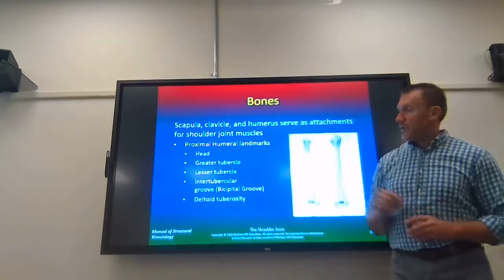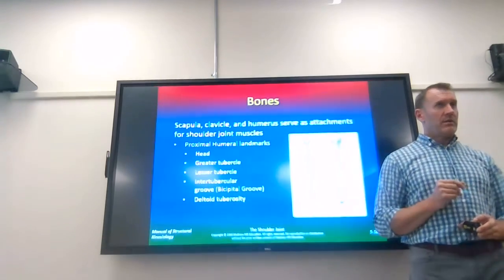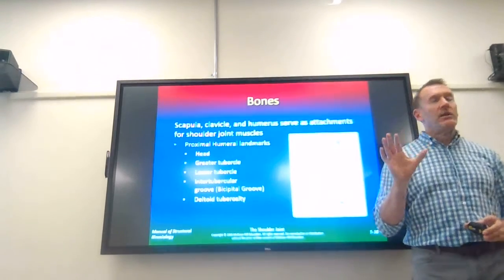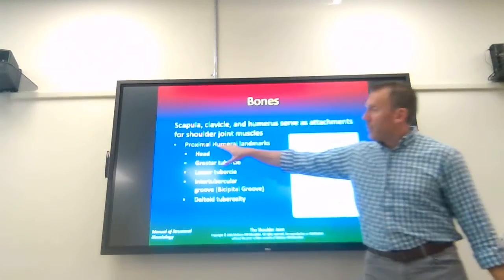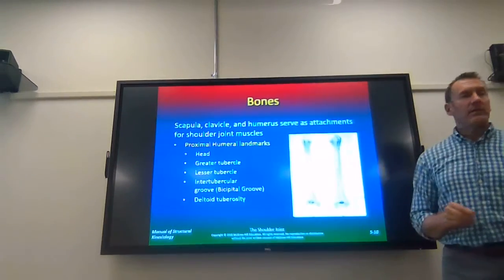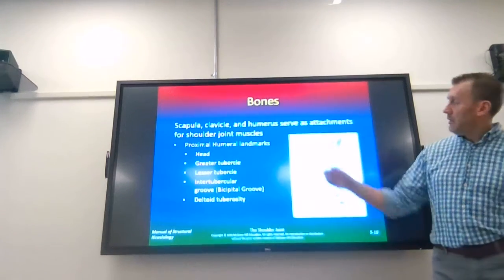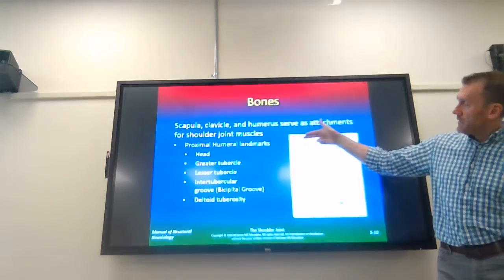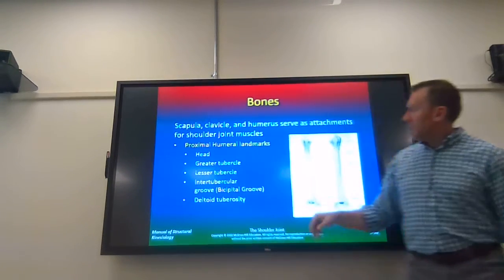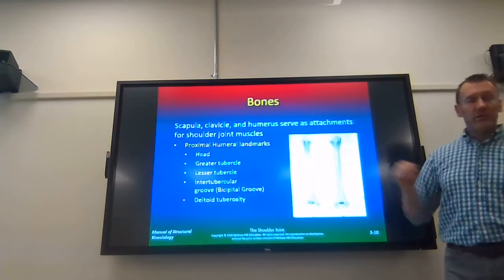So these are the insertion points. So points of origin, somewhere on the shoulder girdle, clavicle, scapula. Points of insertion, somewhere proximal humerus. So the head, greater tubercle is a little more lateral. So you can see this prominence, a little more lateral. Lesser tubercle, a little more medial.